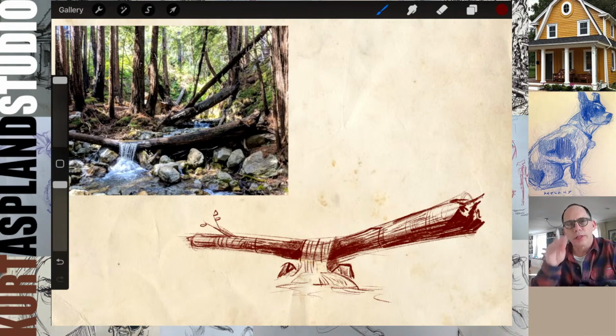It all starts with getting that center line and then getting the ovals to make sure the thing is round, and then after that, that's the construction phase of a drawing. Then after that, I can add the details, the tone, the bark, the texture.